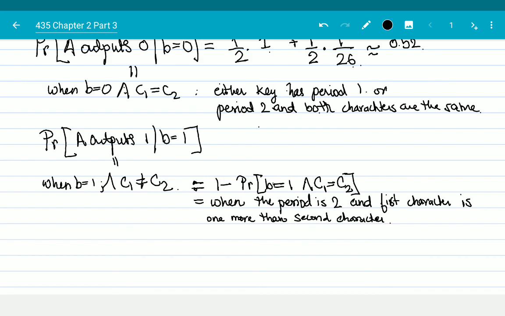The probability that the period is 2 happens in half the cases. So this is 1 minus 1/2 times 1 over 26. Okay. This computation is in the book.